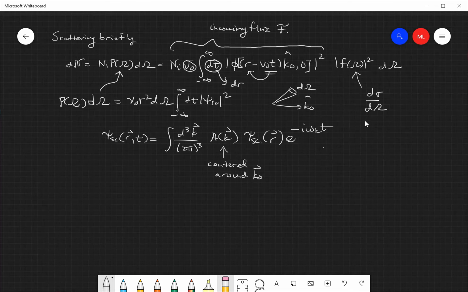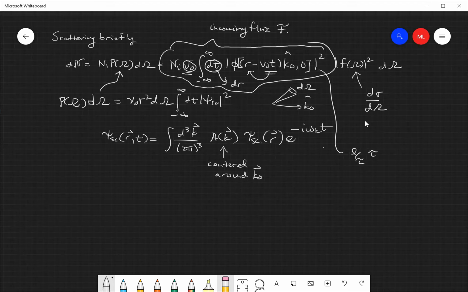And if you look at the stuff in here, the way you can tell that it's a flux is you just look at the units. The units of V naught are length over time. Then you have an integral over time, so that gives you the time, and then you have this probability density squared, so that gives you units of 1 over L cubed.